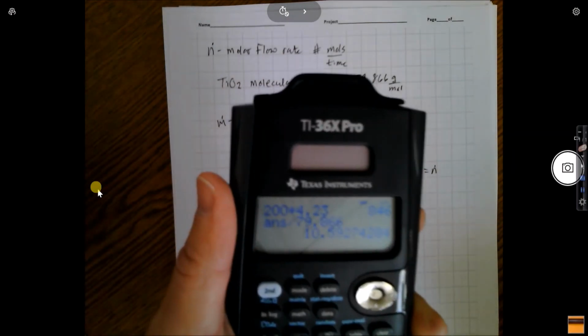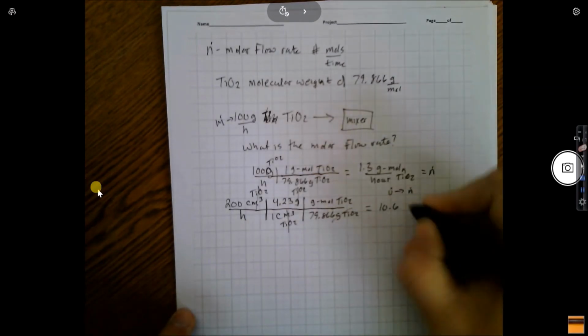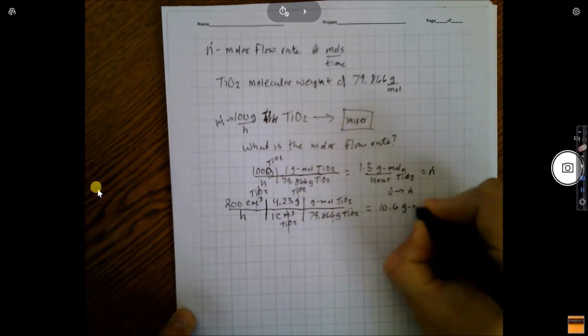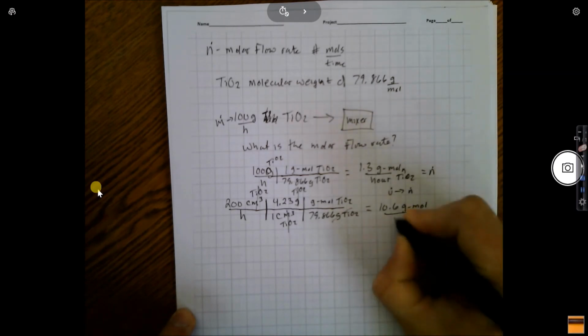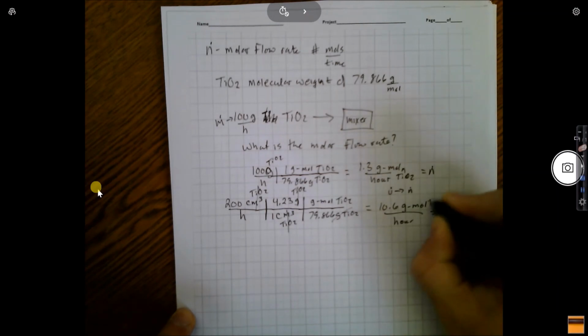And again, feel free to follow along. 10.6 gram moles per hour of TiO2, and that's the molar flow rate.